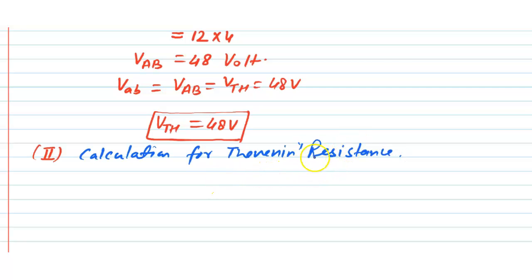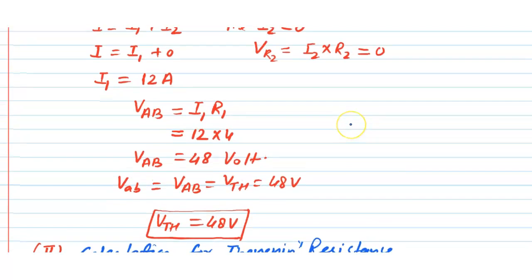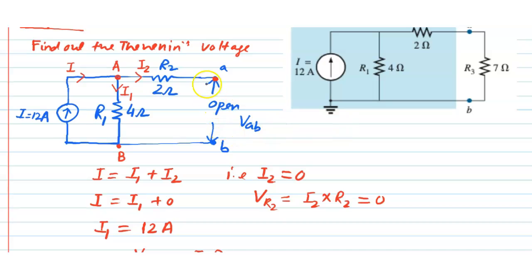For this, you have to remove all the energy sources from the circuit and measure the resistance between these two terminals. If there is a current source, then open it, and if there is a voltage source, then short it. So here, because there is a current source, we have to open it.